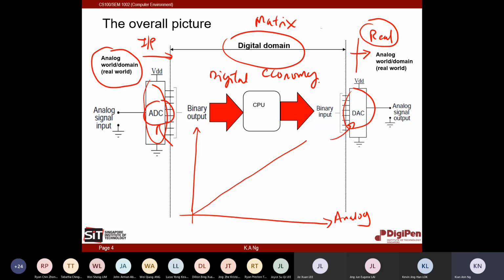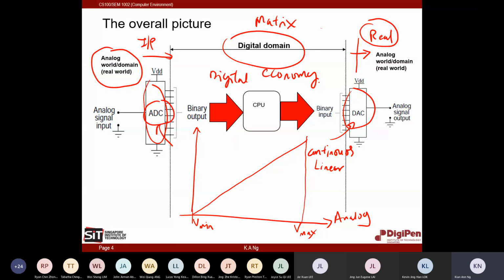Let's say we have a maximum signal, a voltage V max, and a minimum voltage V min. This signal itself in the real world is a continuous signal, a linear signal. So how do we digitize it?